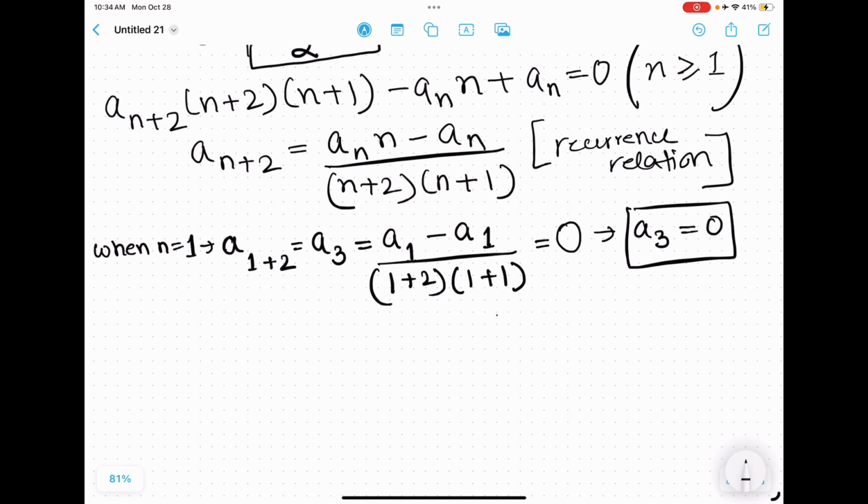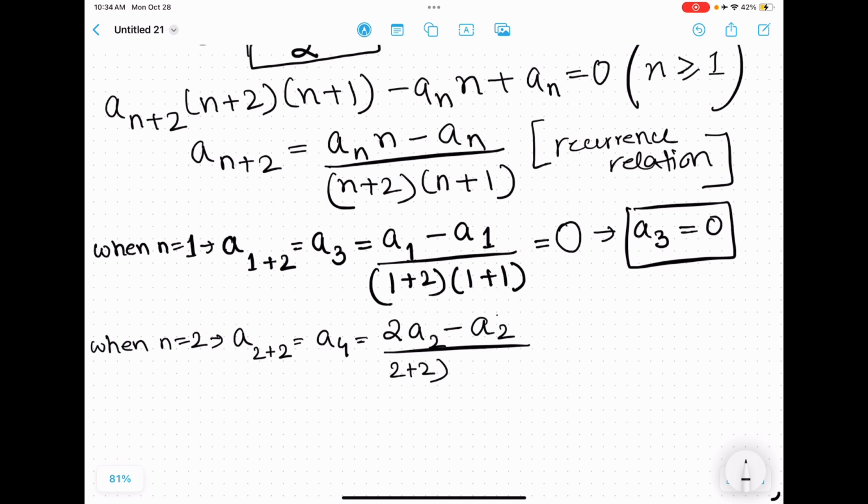Okay, all right. Then let's go ahead and find my n equal to 2. So I have a sub 2 plus 2, which is a sub 4, that is equals 2a sub 2 minus a sub 2 divided by 2 plus 2 times 2 plus 1.